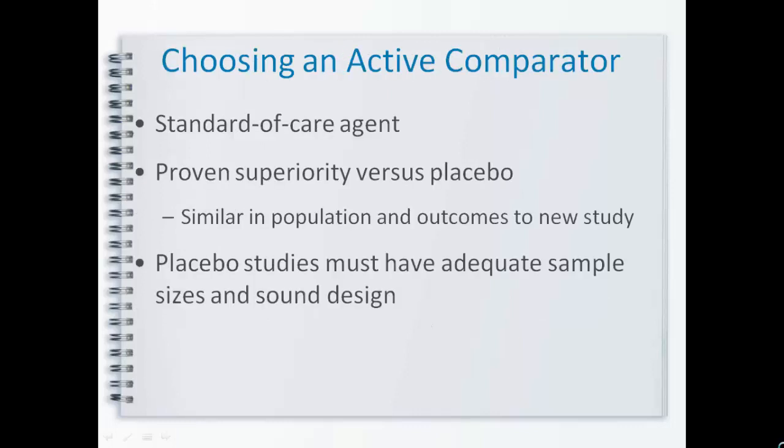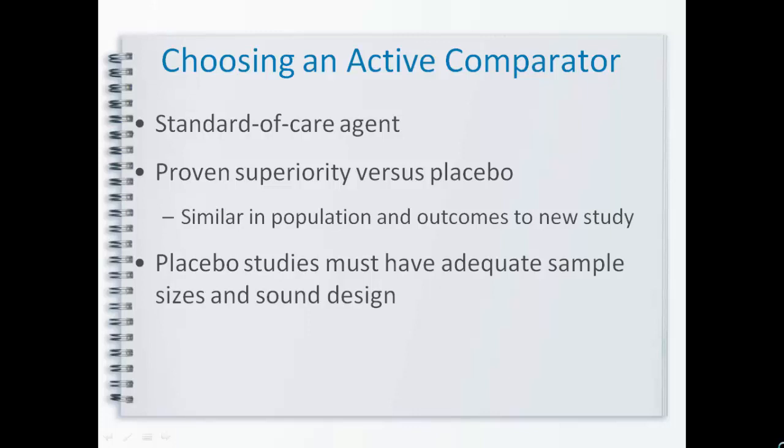For the conclusions of a non-inferiority study to be valid, it is imperative that an appropriate active comparator is selected. The active comparator is the treatment that the new intervention is being compared to. The comparator should be well established and a standard of care agent that has already proven superiority versus placebo.